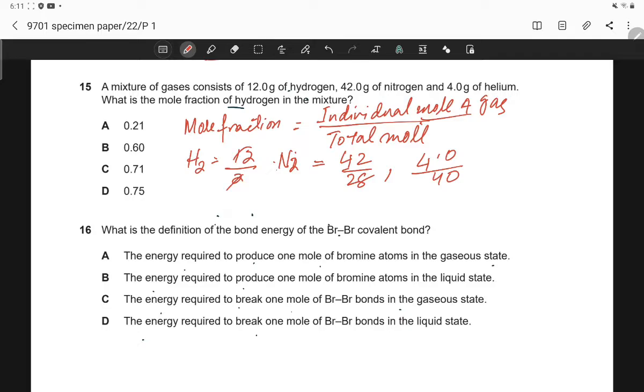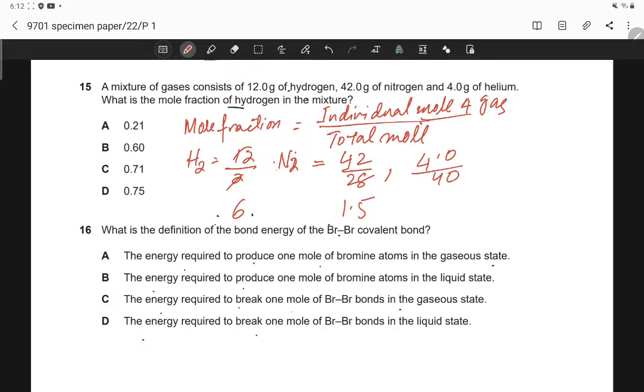So this is 6 moles. Nitrogen, let me calculate: 42 divided by 28 is equal to 1.5.